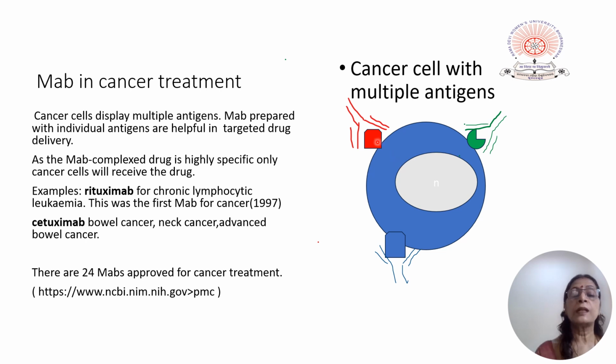This is called drug targeting by the MAB. Rituximab is an approved and the first ever MAB that was used for cancer in 1997, and it is being used till now for chronic lymphocytic leukemia. Cetuximab is also used for advanced bowel cancer.